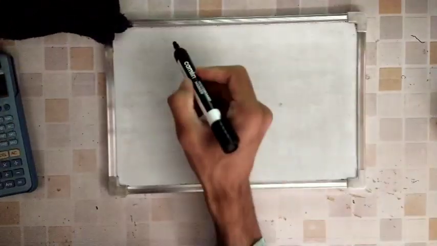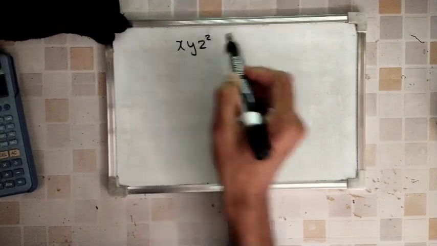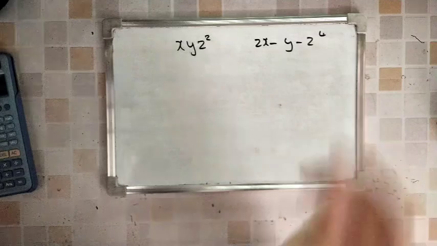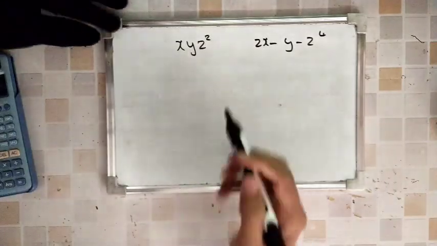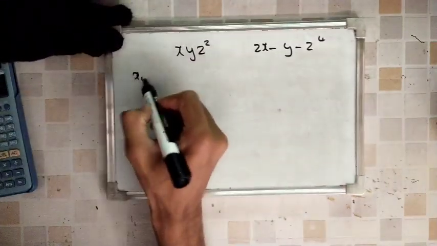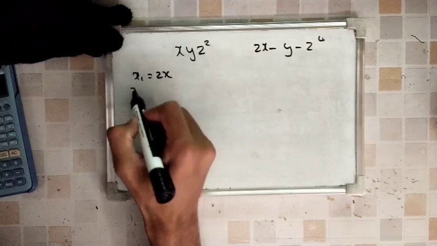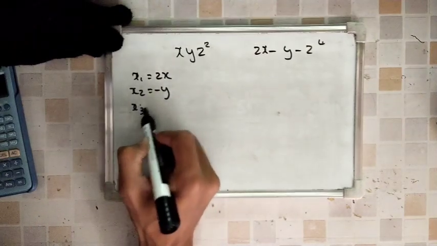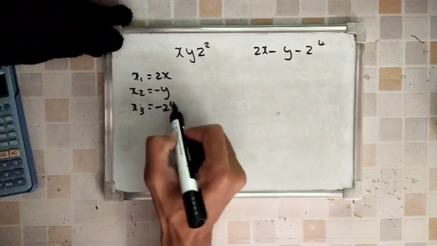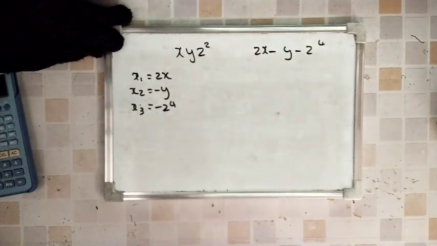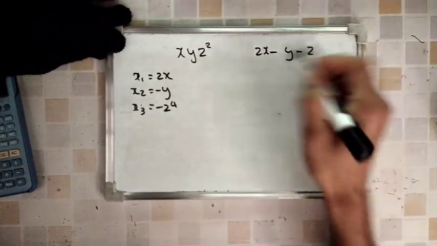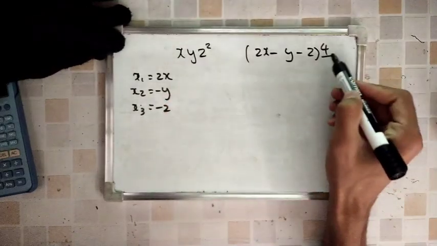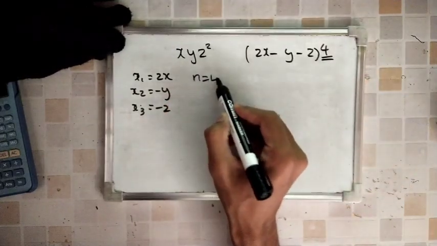Determine the coefficient of x y z square in the expansion of (2x minus y minus z) to the power of 4. Now from the given question, x1 is equal to 2x, x2 is equal to minus y, x3 is equal to minus z, and n is equal to 4.